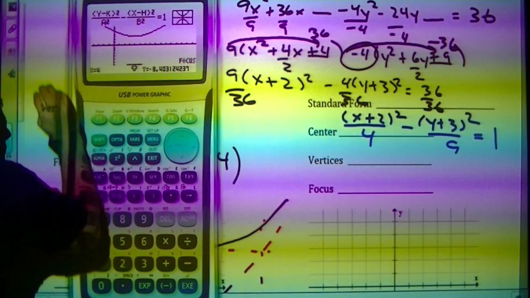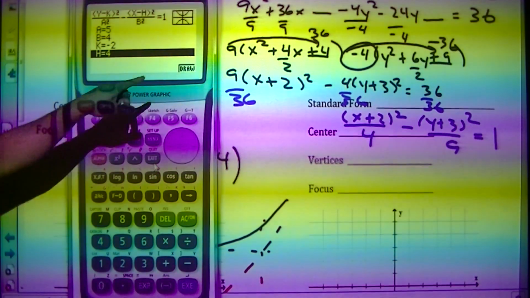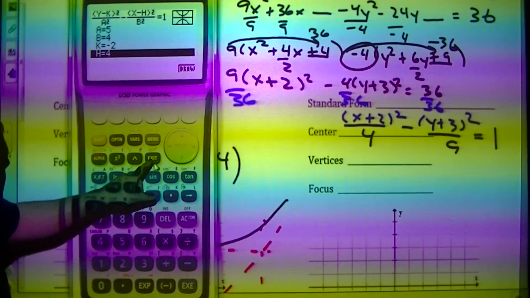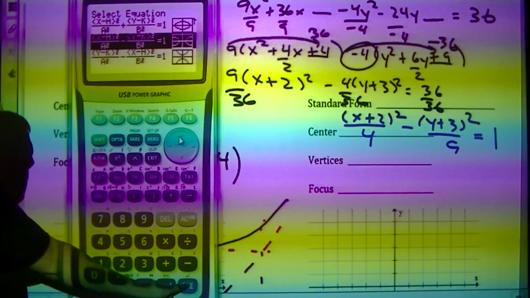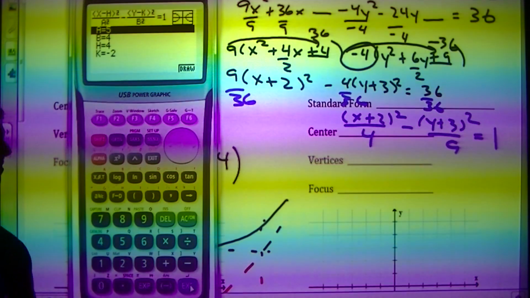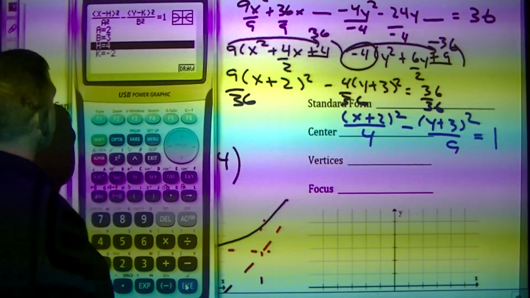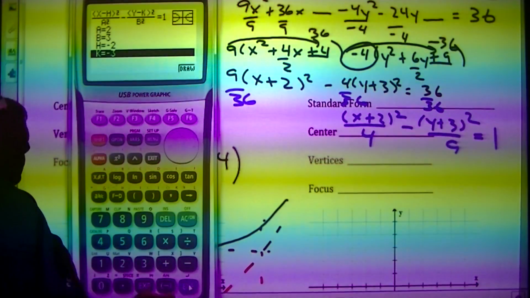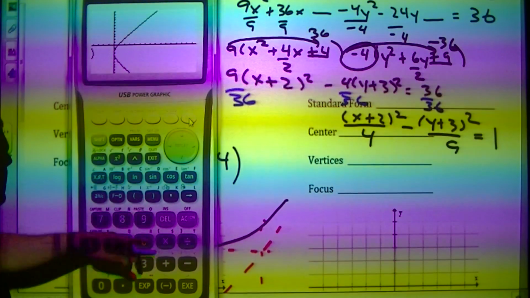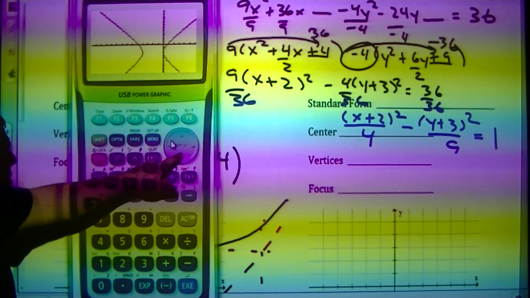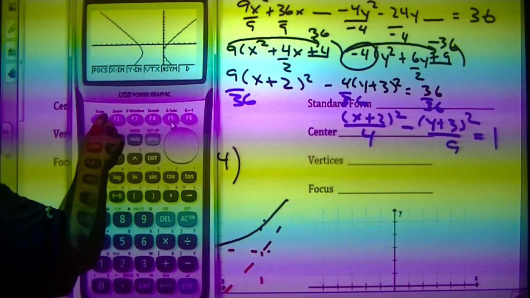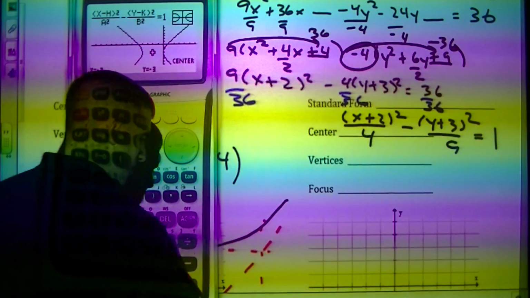Now I'm not using y's first, x is first on this, so I'm going to use this one. What I got here is 2 and 3, then -2 and -3. If I draw that, I know it's opening to the left and right. Let me find our stuff. Gsolve, center, -2, -3.